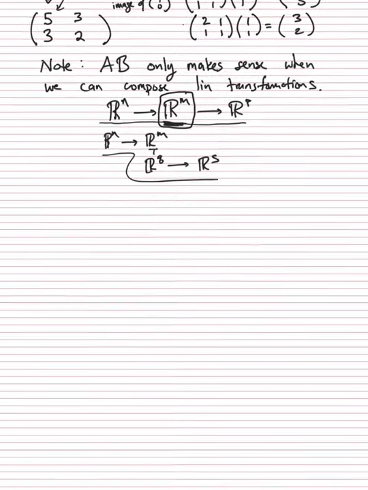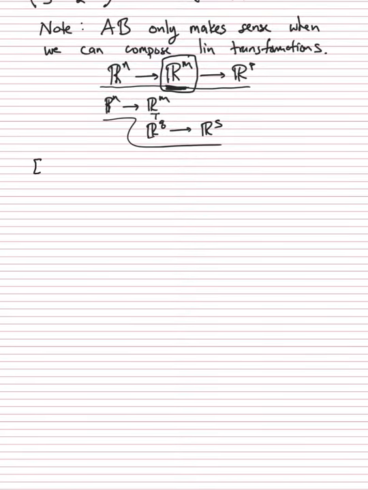Okay, so let me do another example. I'm going to write down the matrix for projecting onto a line. You could also do reflecting over an arbitrary line or a similar transformation, but this one's going to be slightly easier.